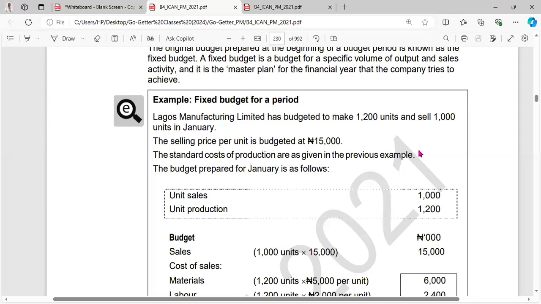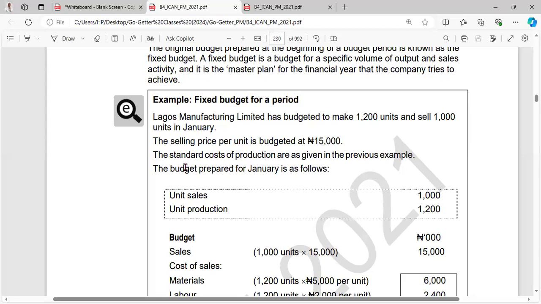It's just like saying you are in a controlled environment, maybe you are producing alcoholic beverages and you're in a competitive market and you can't sell above a particular amount. Otherwise, people will go for your competition. So you have a target selling price. You have budgeted to sell it at 15,000 per unit.